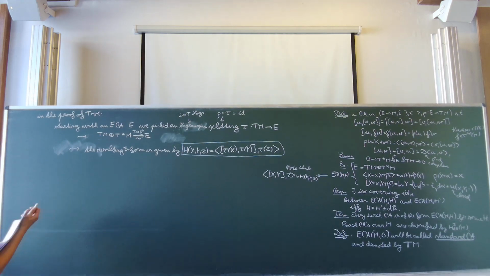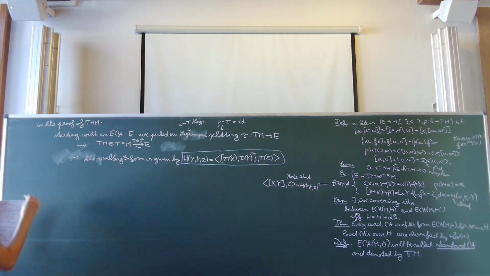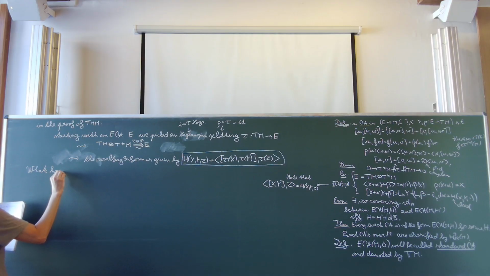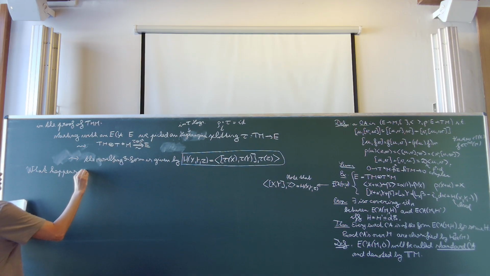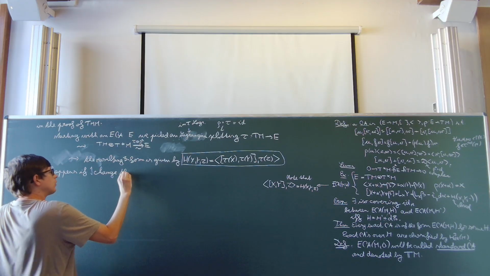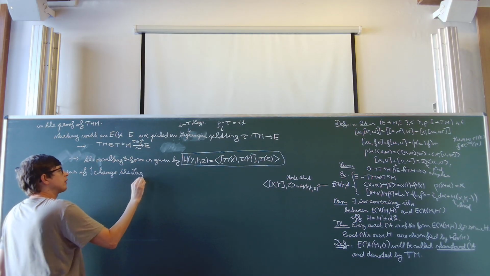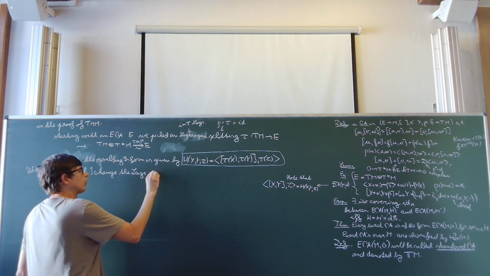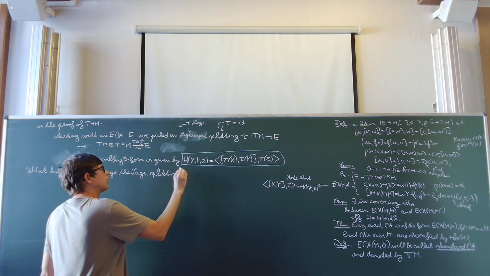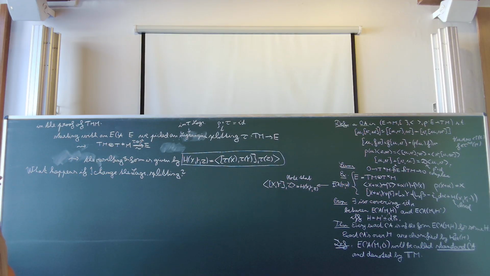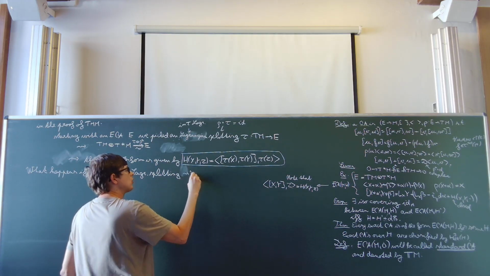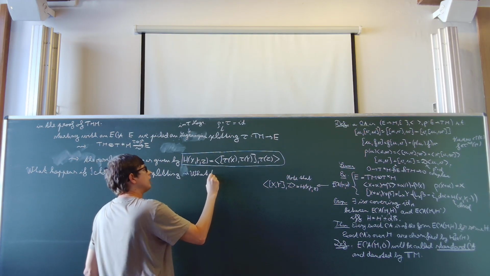Okay, so what happens if I change the Lagrangian splitting, or if I choose a different one? What H do I get?